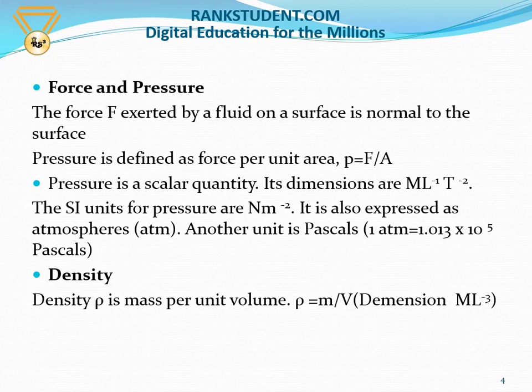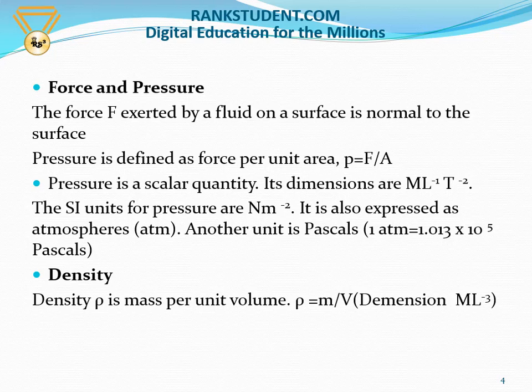Its dimensions are M L^-1 T^-2. The SI unit for pressure is newtons per square meter. It is also expressed in atmospheres. Another unit is pascals, where 1 atmosphere is approximately 1 times 10^5 pascals.